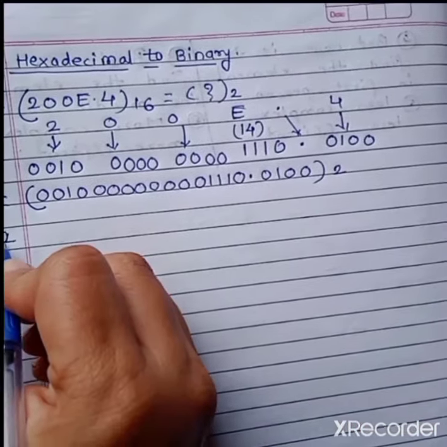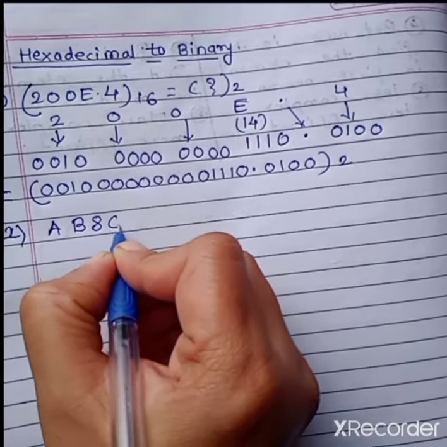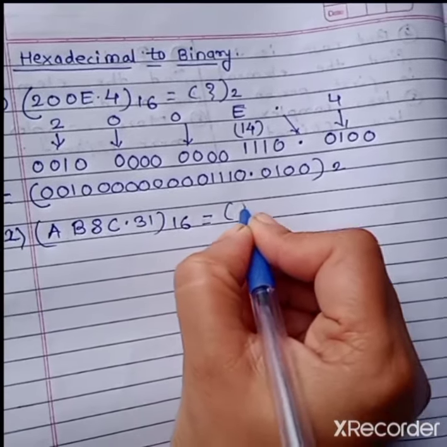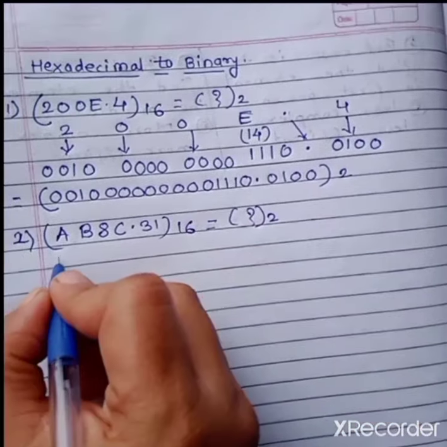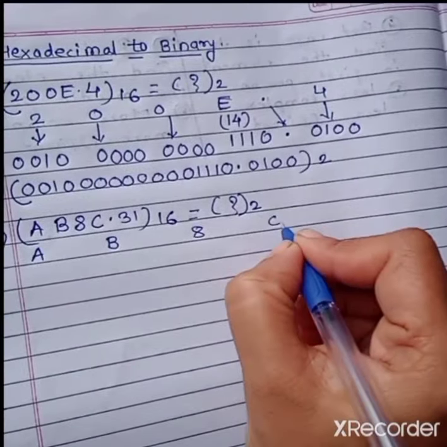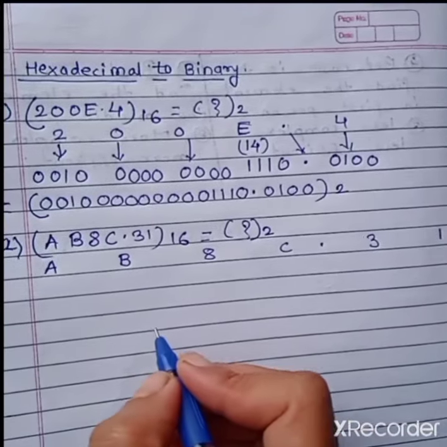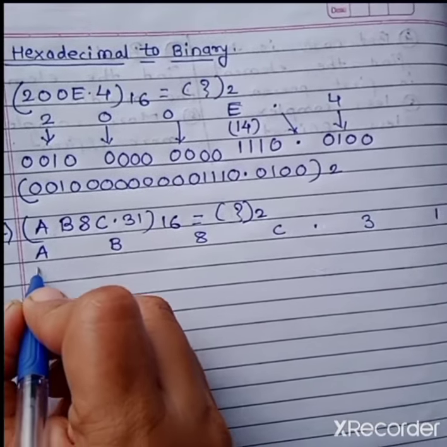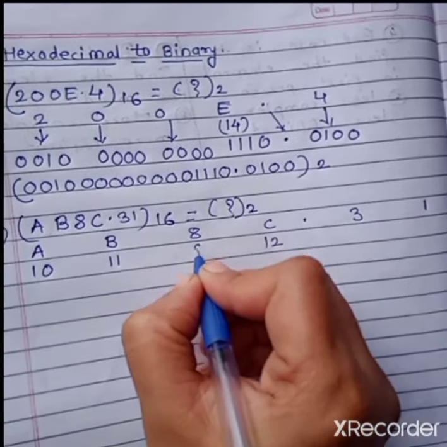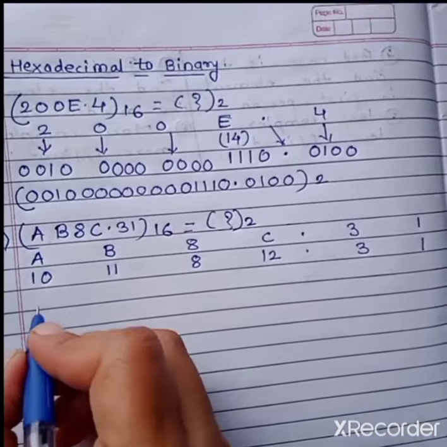We'll see one another example. A, B, 8, C, 0.31. We'll convert this number into binary. Note down each digit separately, including the fractional part. Now A means 10, B means 11, C means 12. Now we'll represent each digit in 4-bit binary.